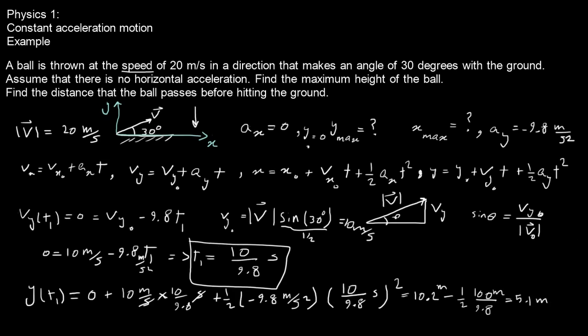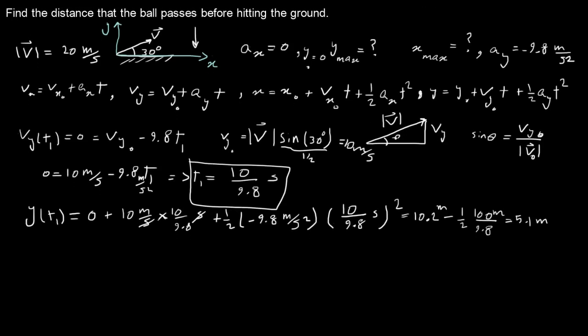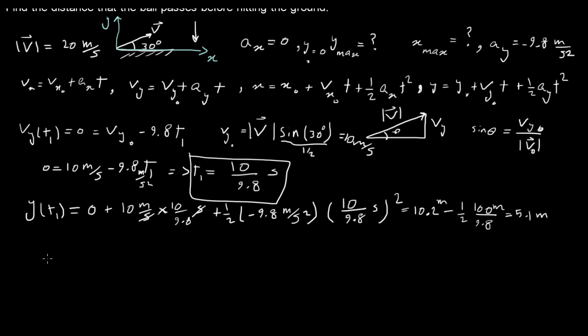Now let's find maximum x. So we want maximum x. Let's say the particle reaches maximum x at time t2. So I have x of t2 equals, then I use this equation. X naught is 0, because the way I have chosen my coordinate frame, the 0 of x is where the particle is thrown.